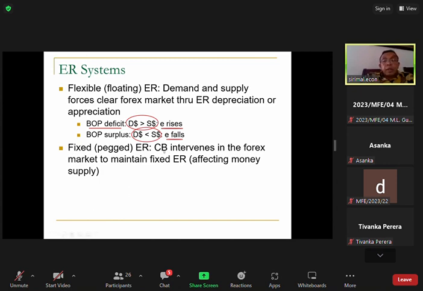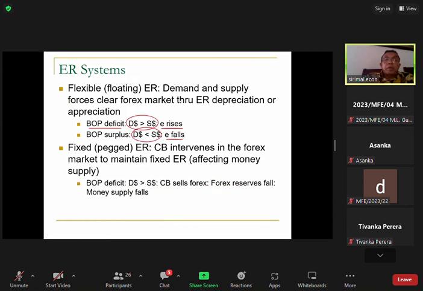Fixed exchange rate, sometimes we call it a peg, because the currency is pegged to another currency, a hard currency, or a basket of currencies. The central bank intervenes in the foreign exchange market to maintain that fixed rate. It affects money supply. How?